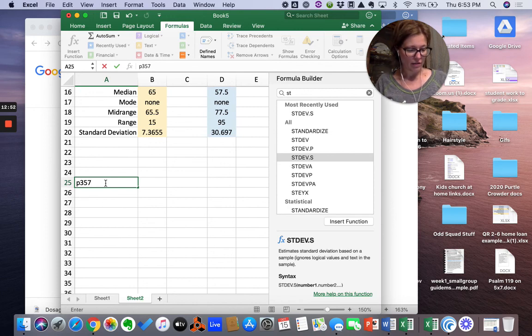It talks about finding the average, the median, the mid-range on a spreadsheet. Then, on page 371, it talks about finding the range and the standard deviation. So you can also look in your book and find those formulas.